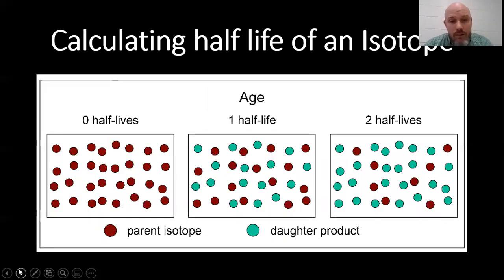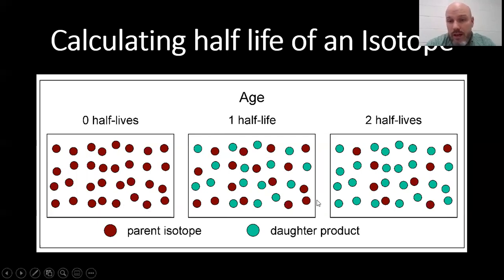So if we look at this diagram again, we start with a parent isotope. This is your original sample. After one half-life, half of your sample is now decayed into the daughter isotope, and half of your sample is still the parent isotope.